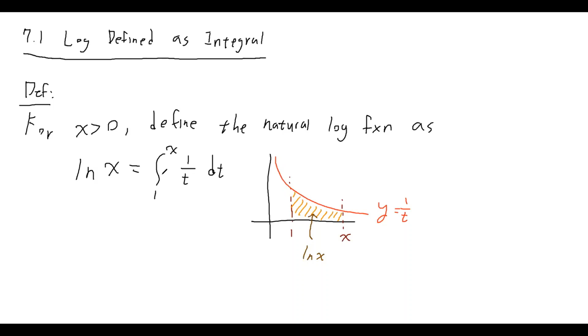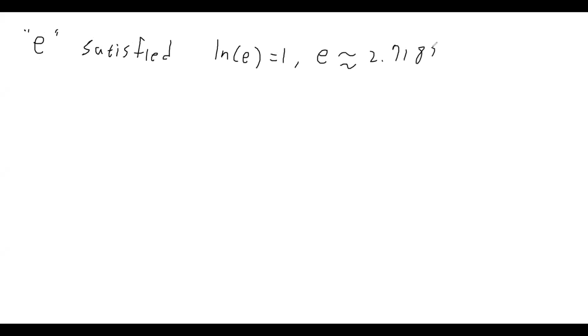But let's just do a quick review on the number e. The number e satisfies ln of e is equal to 1. And numerically, we know that e is approximately 2.71828, and so on.